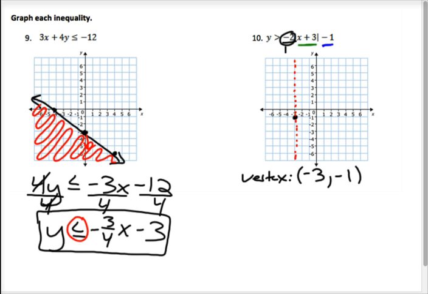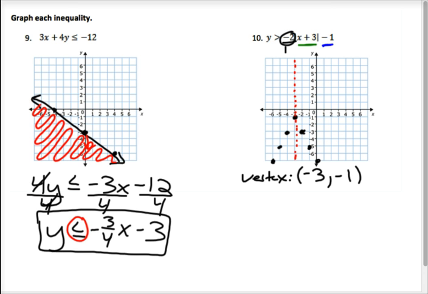So -2 over 1. So that's telling me I go down 2 over 1. So I would get that right there. And I also get its mirror image. Down 2 over 1 again to end up right there. Then I get its mirror image. Down 2 over 1 again. And then I get its mirror image.